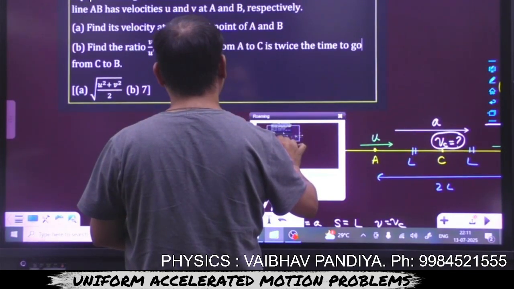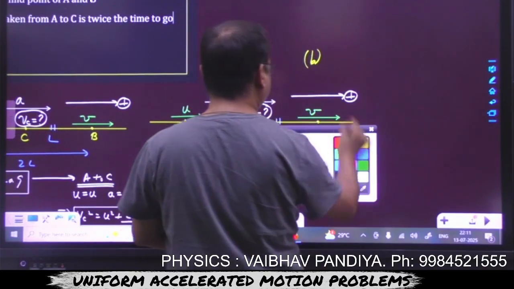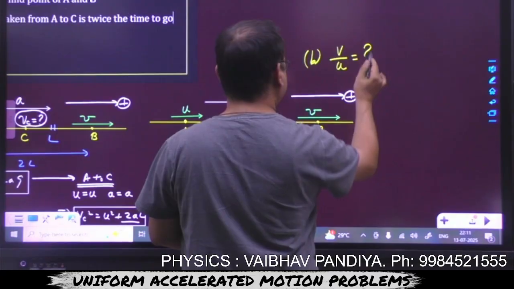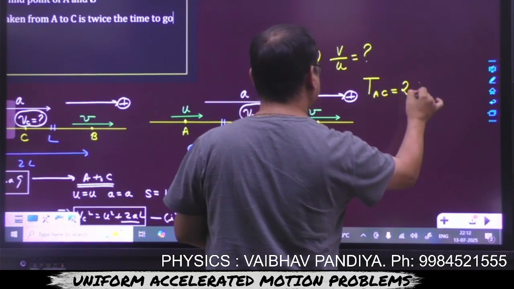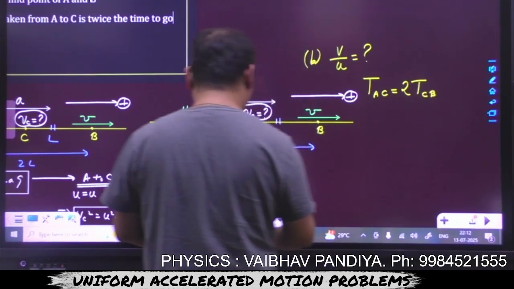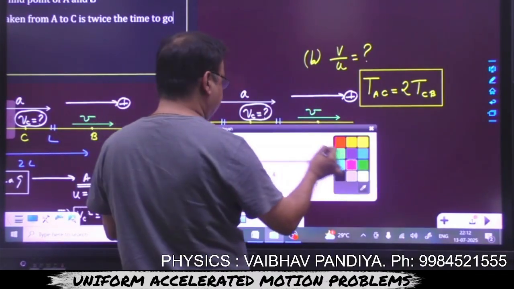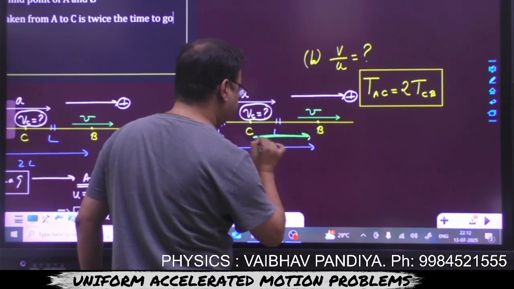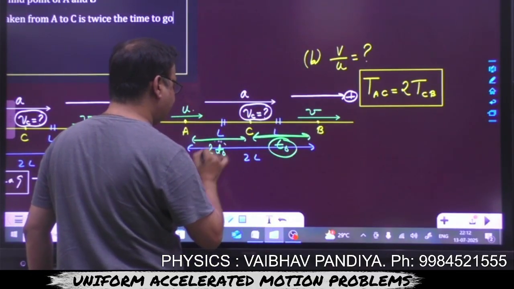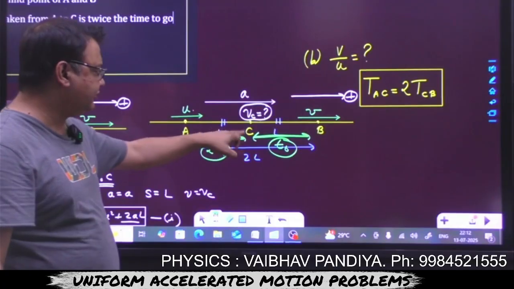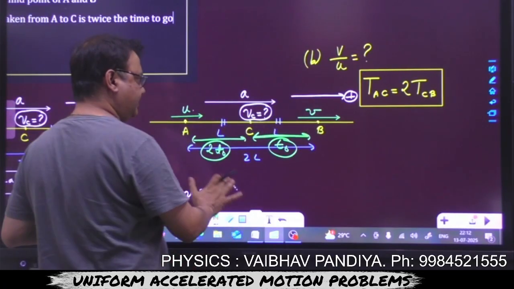Just duplicating this figure here. It is given that the time to go from A to C is twice the time to go from C to B. So for part B, if the time from C to B is, say, T0, then according to the problem the time from A to C will be twice of T0, correct? Because the time to go from A to C is twice the time to go from C to B.